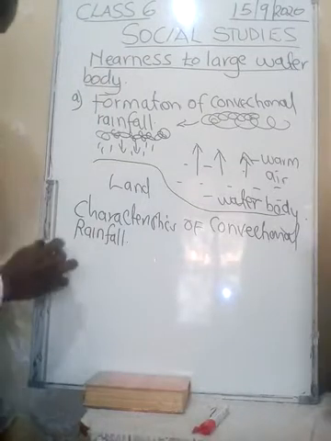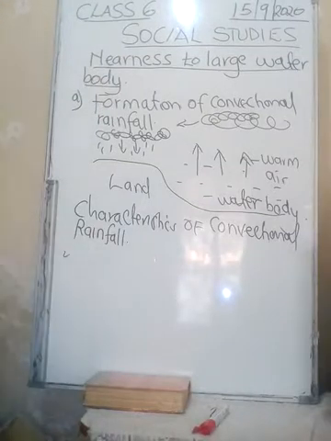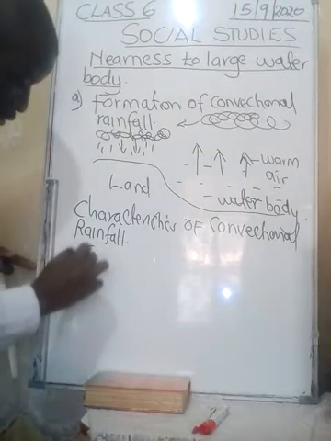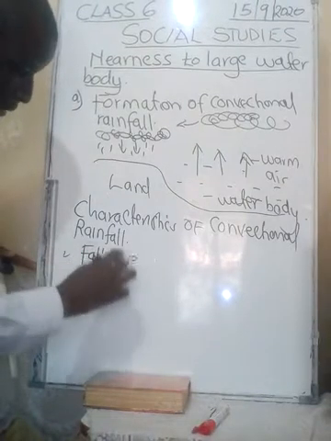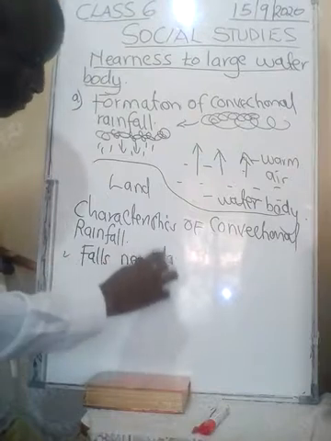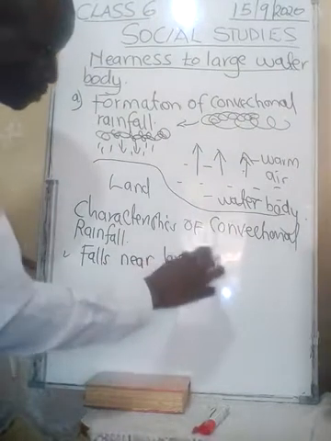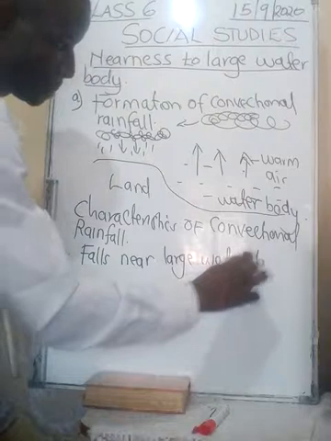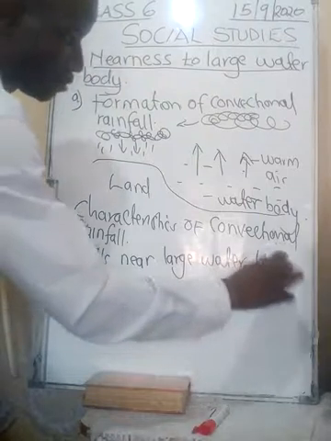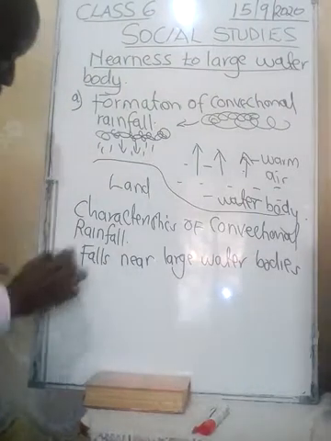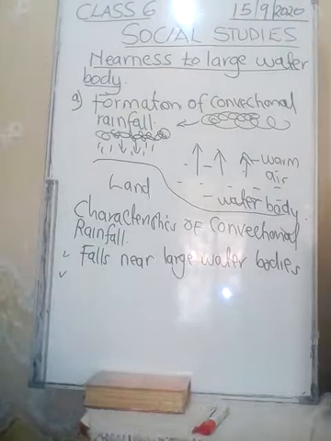So one of the characteristics of convectional rainfall, we say that it falls near large water bodies. That is number one.